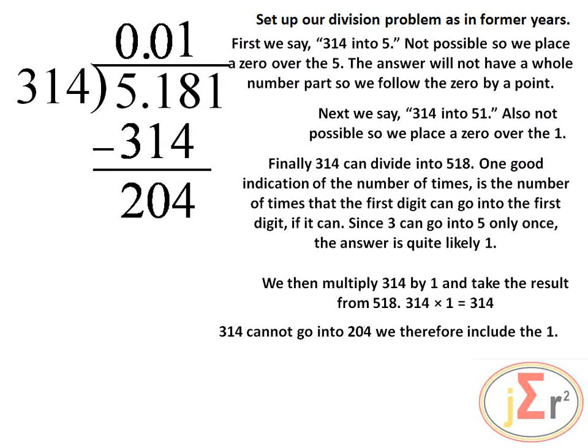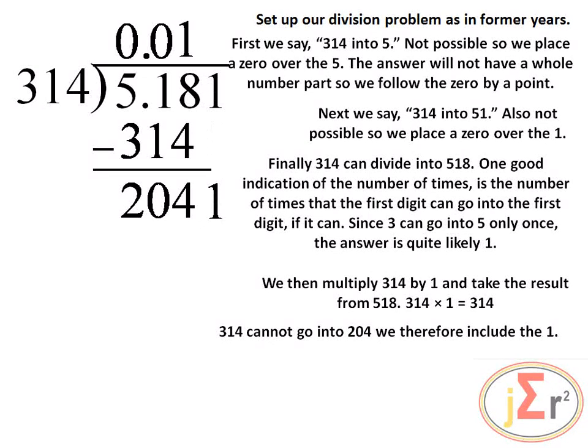If it could, then we would be sure that this should not have been a 1, maybe a number greater than 1, maybe just 2. But as long as the number we are using here is correct at this stage, the number that we will get here should not be able to go into it. So, because it cannot go into 204, we therefore use the 1 that we have there.